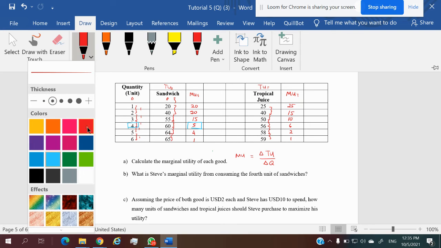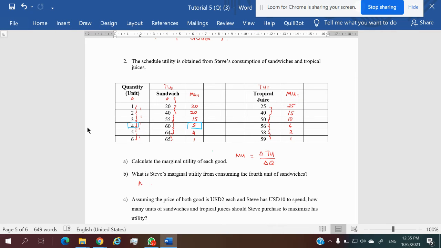So the marginal utility for consuming the 4th unit of sandwiches is 5 utils. Normally for the units of utility we put util.